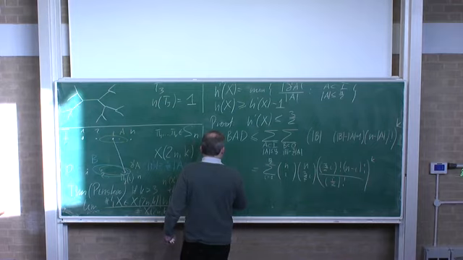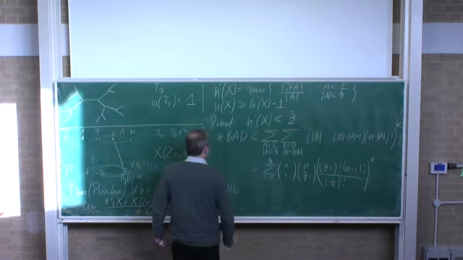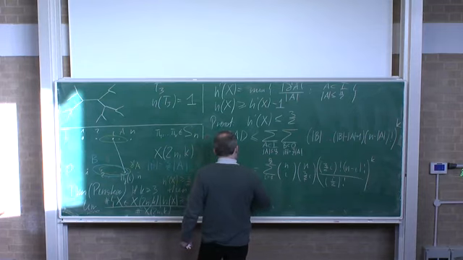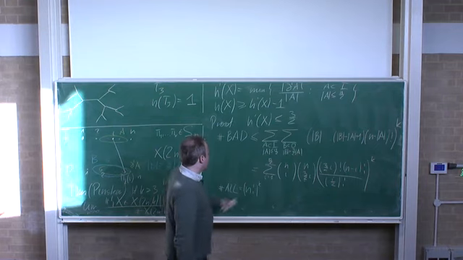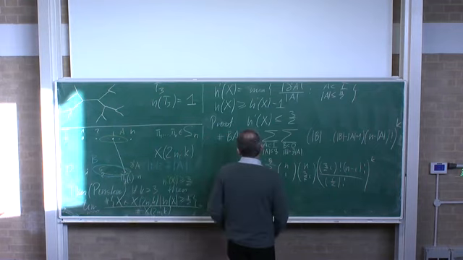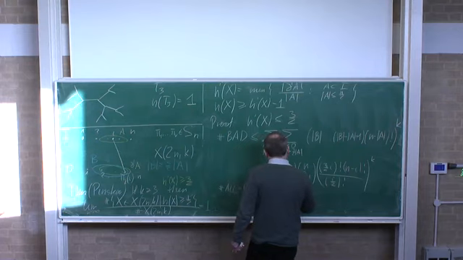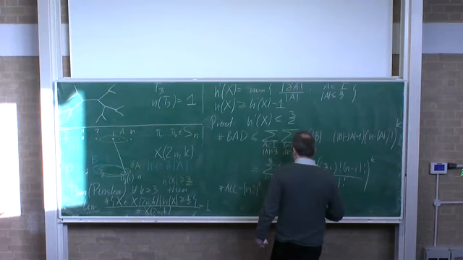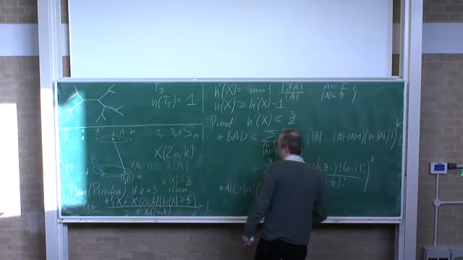Okay. Now, given that the number of all choices is n factorial to the power k, using this estimate, you can prove that the ratio will tend to 0 when n tends to infinity.